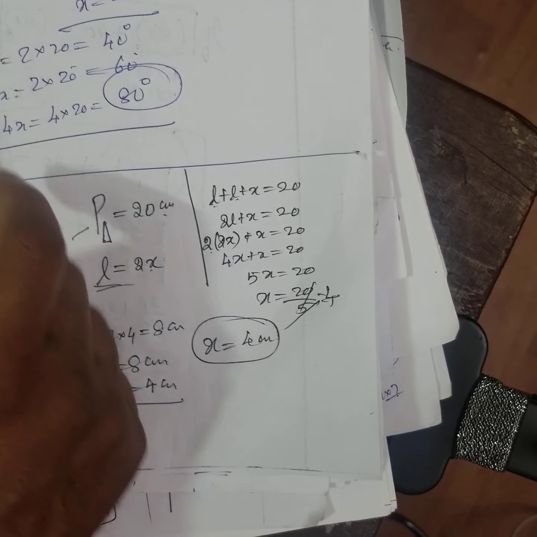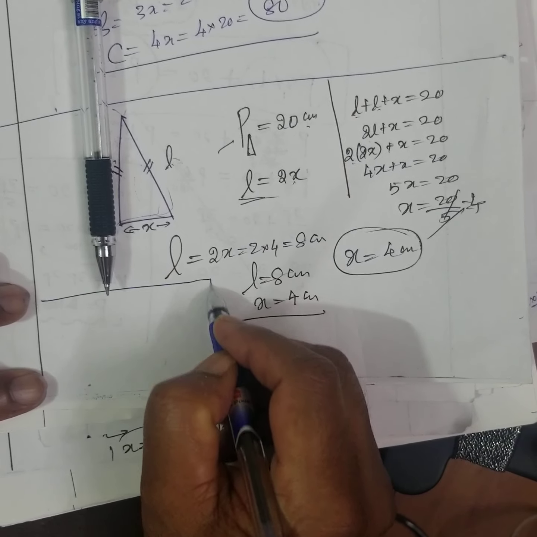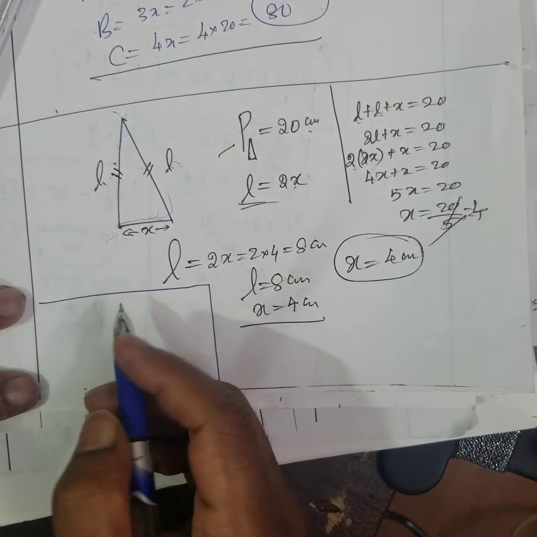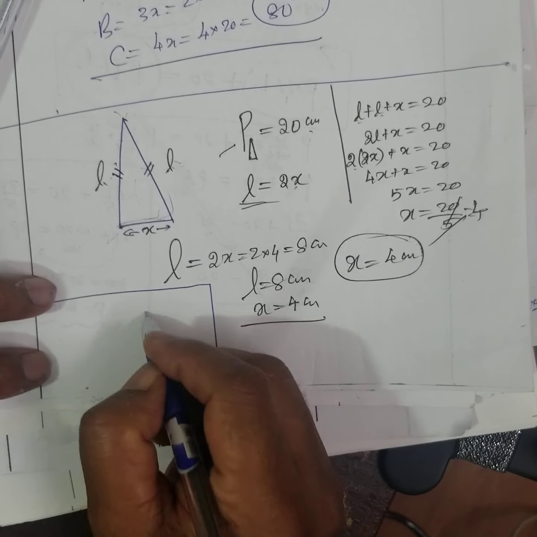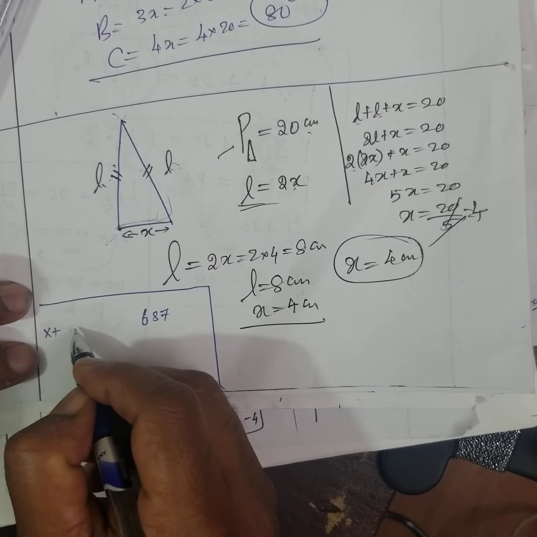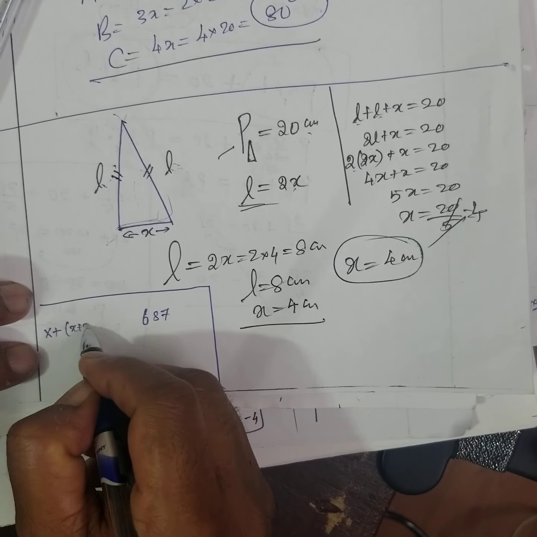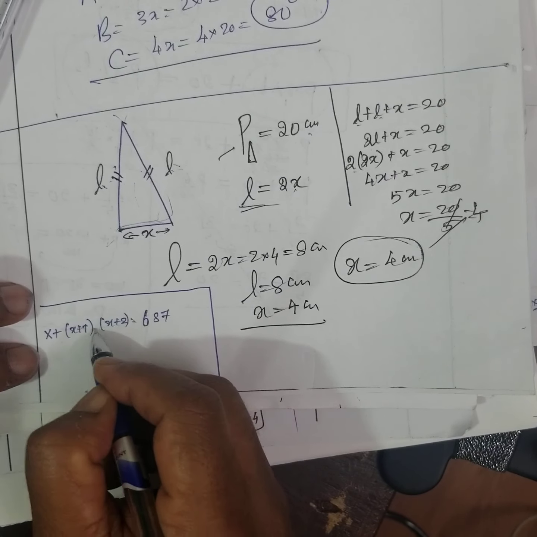See, they may ask you, in a short place I'll do. Find the three consecutive numbers whose sum is 687, say for example. Three consecutive numbers: x, another number x plus 1, another number x plus 2. What are the three consecutive numbers?